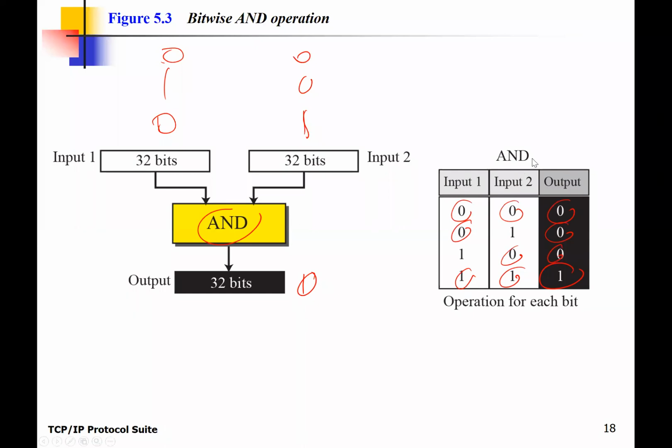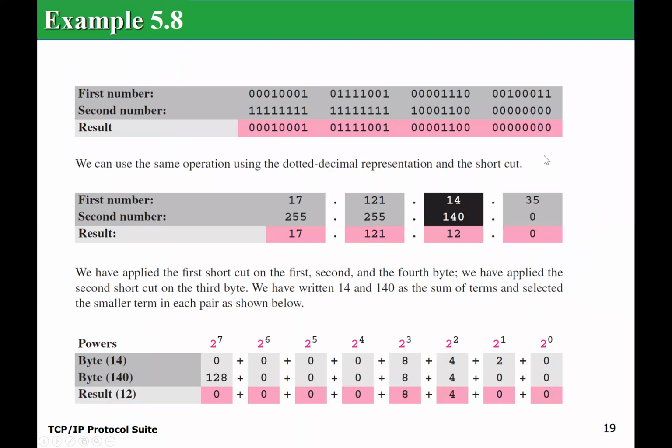Now let's try IP addresses. If I give you this first number, and I ask you to AND it with the second number, what we have to do simply is find where the two ones are, then make it 1. I will start looking for where both are ones.